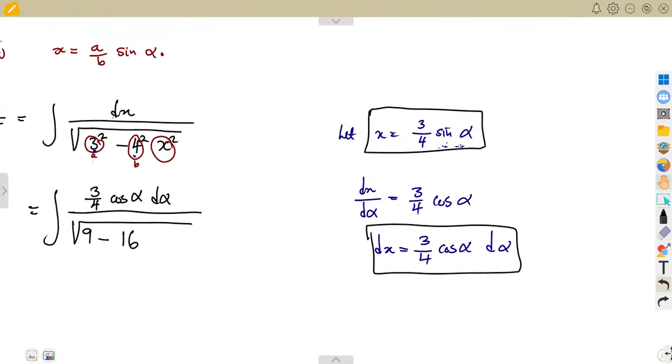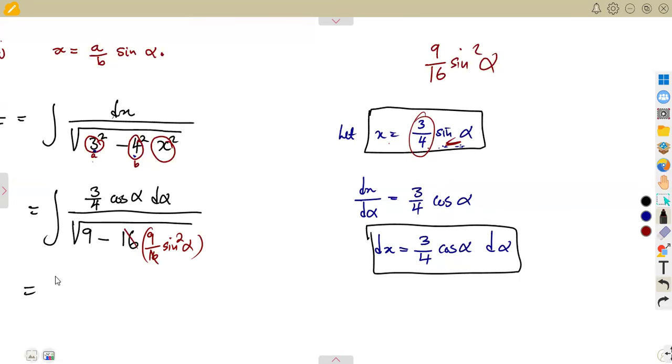So from the x that we are given here, we are supposed to square. Squaring this, that will be 3 over 4 squared, that's 9 over 16, times sine squared alpha. So that is 9 over 16 sine squared alpha. That means this will cancel the 16 and 16.